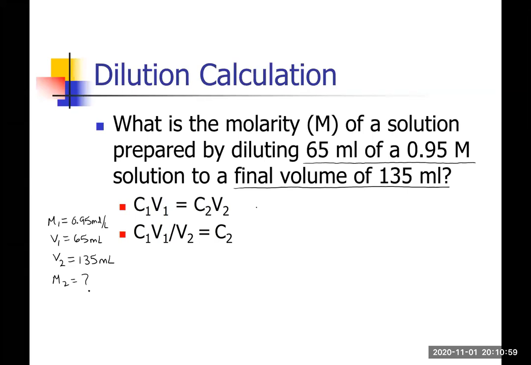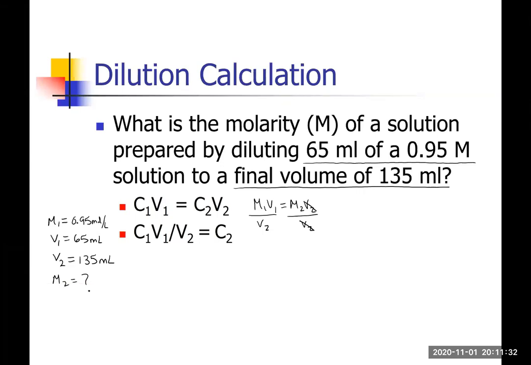If I rewrite this C1V1 equals C2V2 as M1V1 equals M2V2 because I'm working with molarity, then I know I'm looking for M2, so I can just divide V2 out of both sides. And that means that V2 over here on the right is canceled. And now I can just start plugging values into this formula.